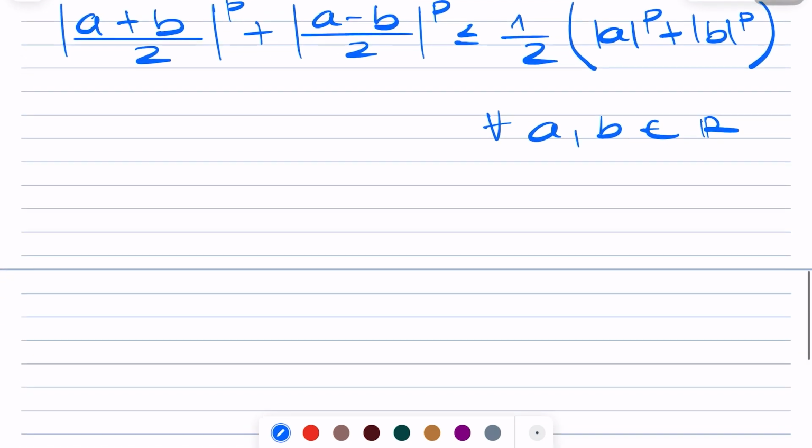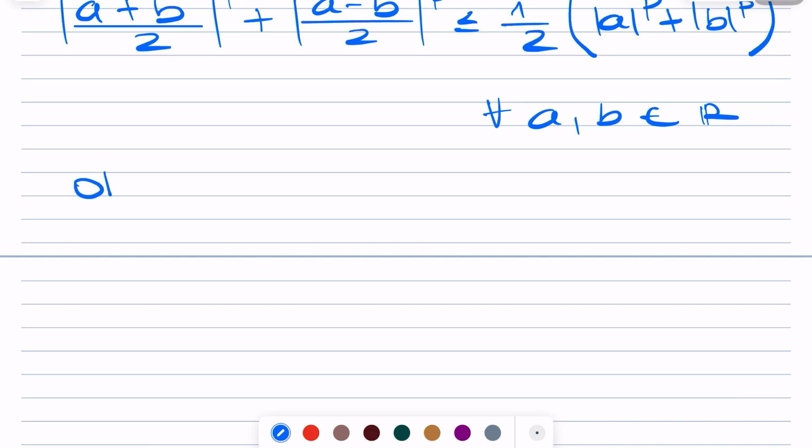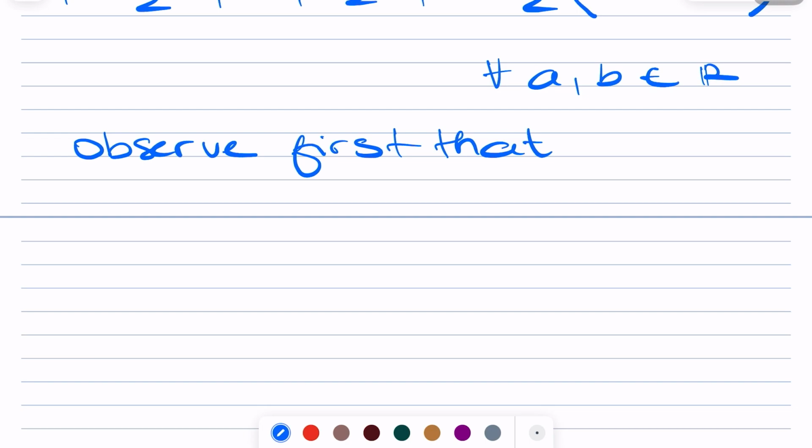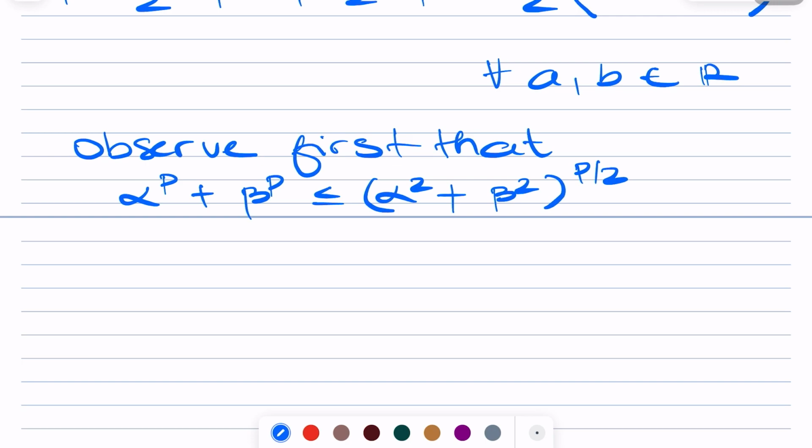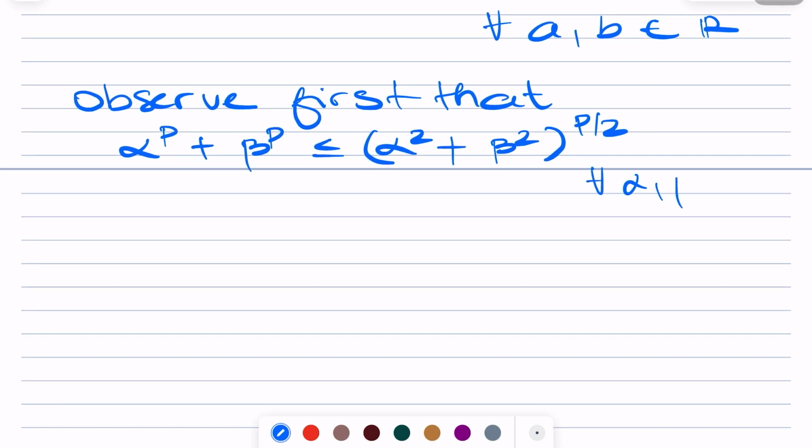Okay, so observe first that alpha to the power p plus beta to the power p is less than or equal to (alpha squared plus beta squared) to the power p over 2, and this for every alpha, beta positive.